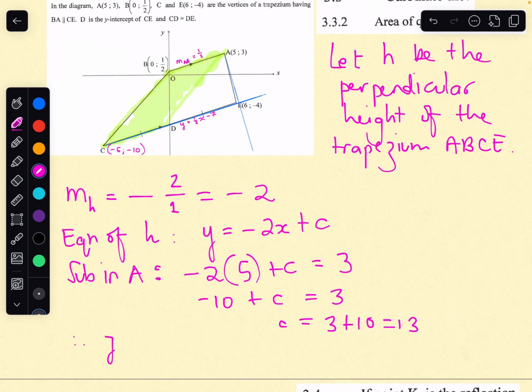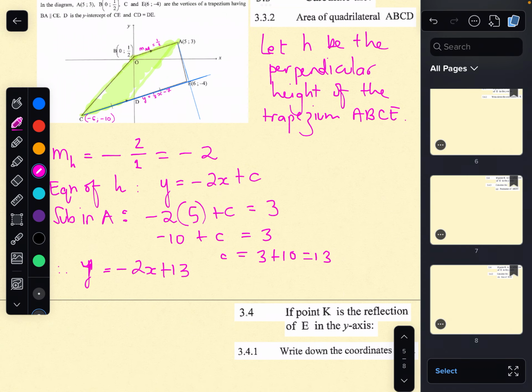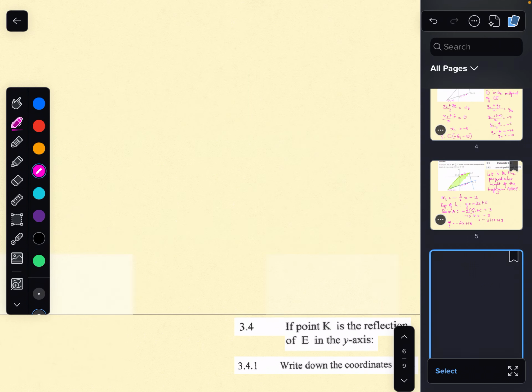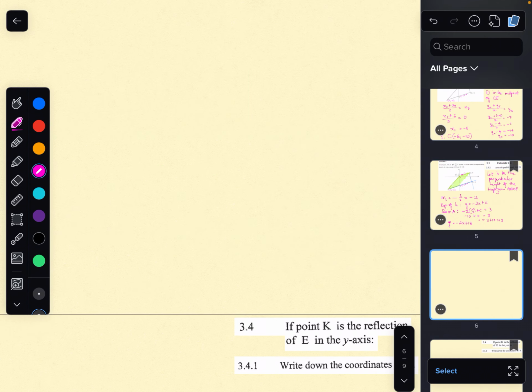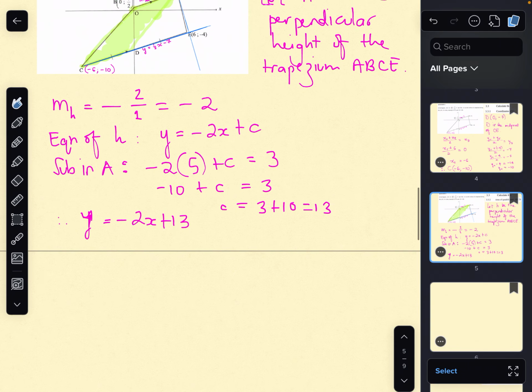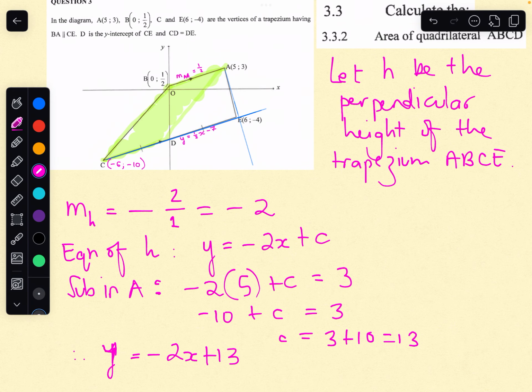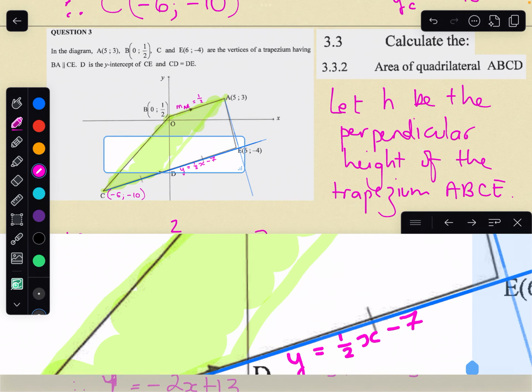So the equation is y is equal to minus 2x plus 13. Okay. Right, so that is the equation of the line that the perpendicular height is on.